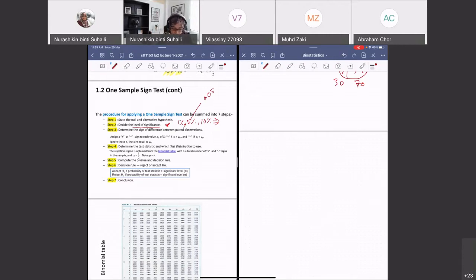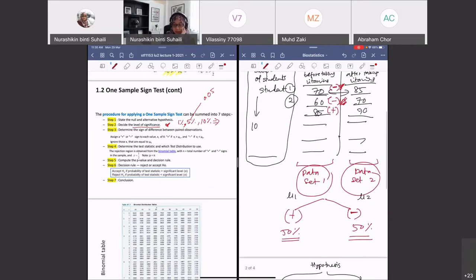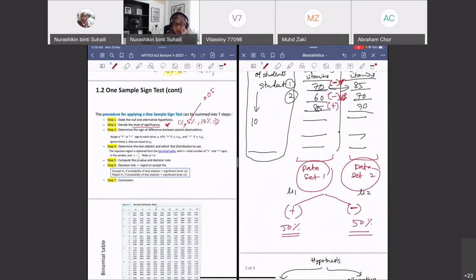And then step 3, you have the observations. You have to determine the sign of difference, whereby you have to assign either positive or negative to the value. What happens if the values are similar? Just now I mentioned when there is a difference between the two data observations.